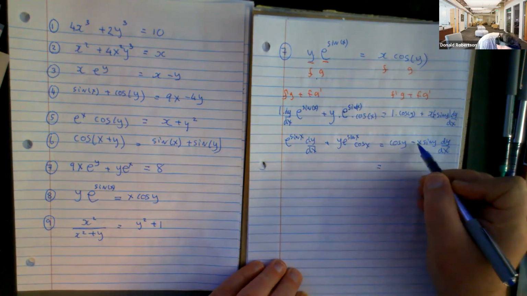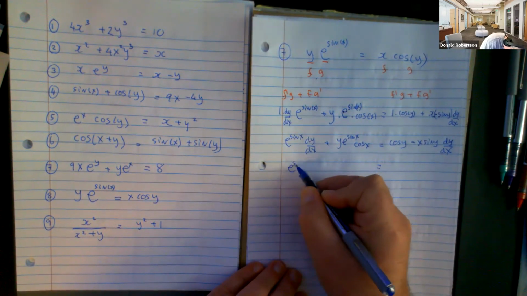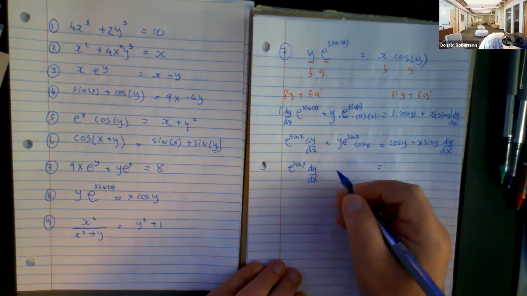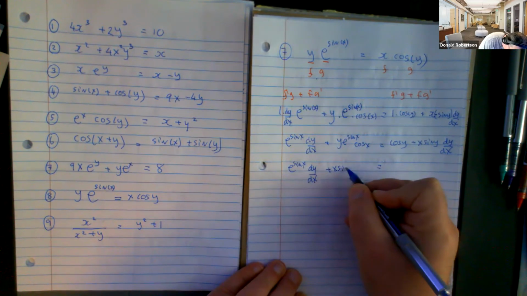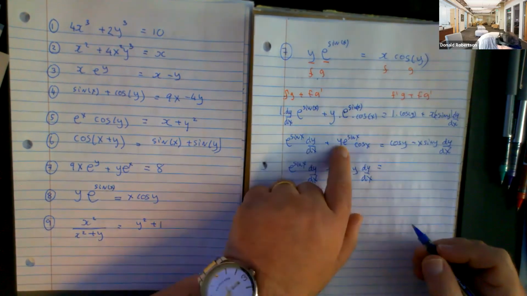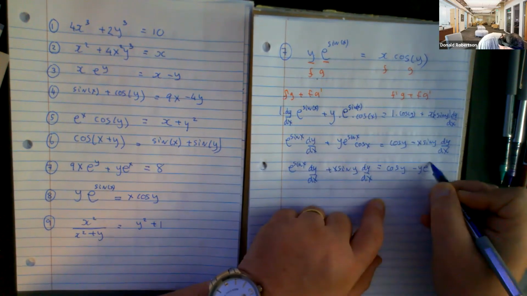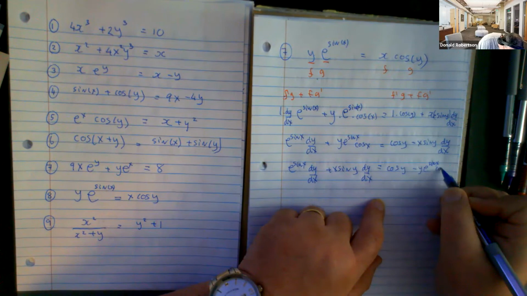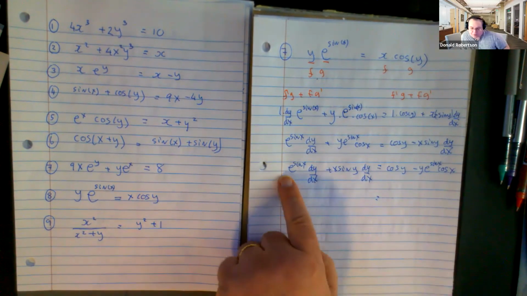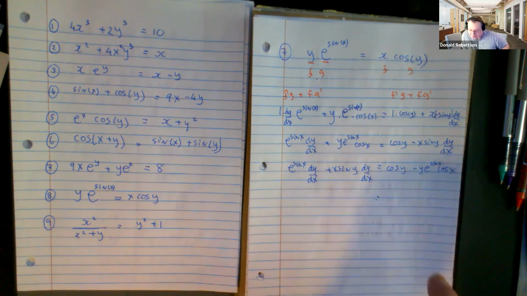And I'm going to add x sine y dy by dx. So if you add x sine y dy by dx to both sides, you get that guy. And if you take this fella away from both sides, you get that guy.